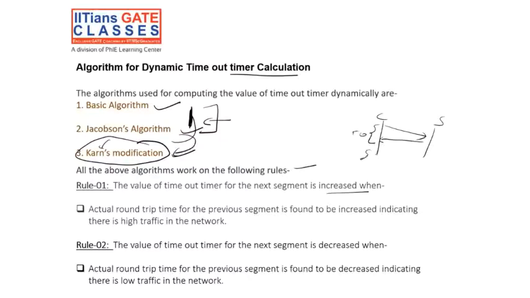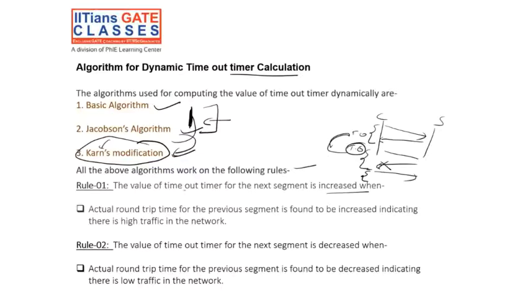Then for the next segment, there is a timeout calculation. It's not fixed. Then again for the next segment, there is a timeout calculation. For that particular segment, if acknowledgement does not come after the timeout, we have to retransmit. So this timeout and this timeout have some different values, right?